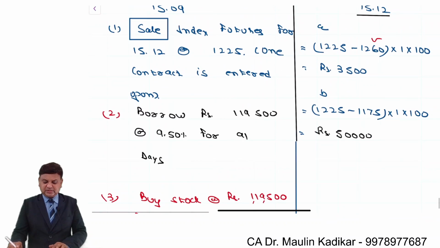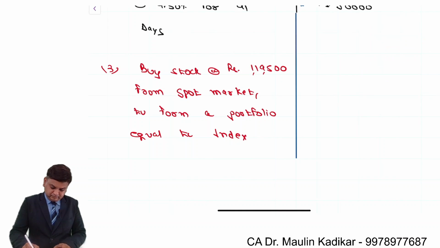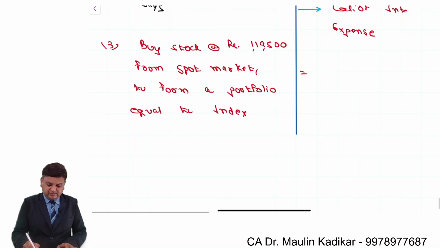This is the profit or loss that we have computed for the index transaction. Now, the second thing that we understand is the calculation of interest expense. Whatever borrowing we have made, the interest is required to be paid.